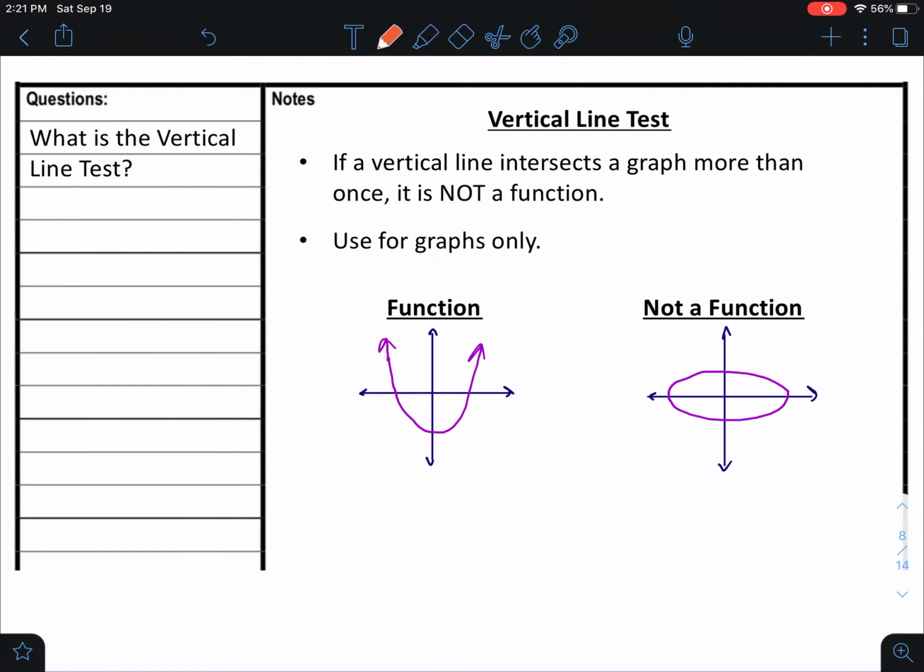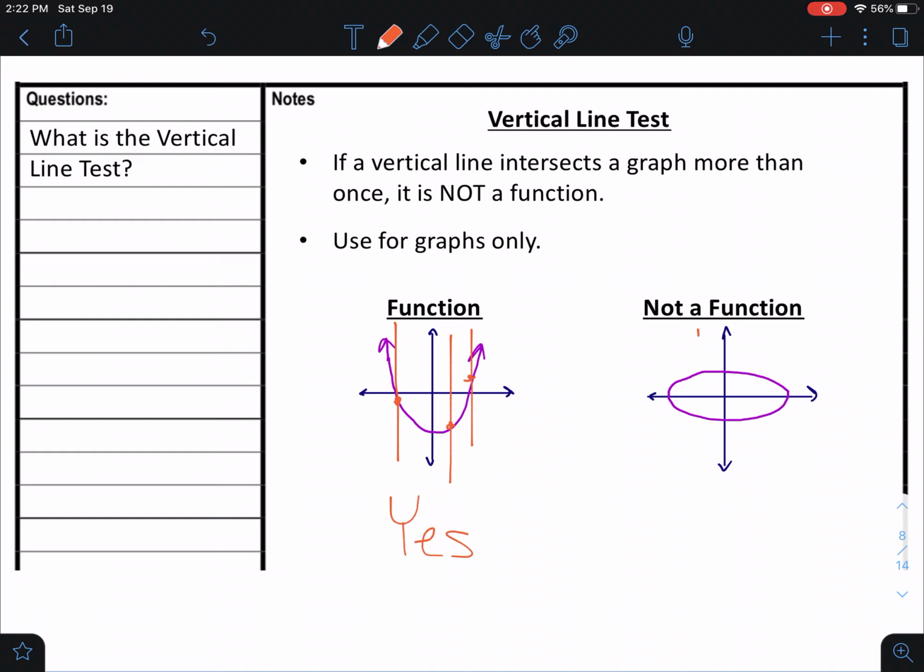So you should be able to draw a vertical line anywhere on the graph, and it should pass through the graph only once. So you'll notice if I draw a vertical line here, it just passes through once. If I draw another vertical line, just once. I should not be able to find any spot where it goes through more than once. So yes, this is a function. No matter where I draw a vertical line, we're good.